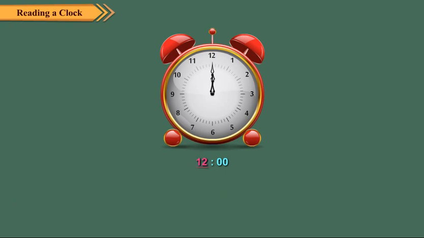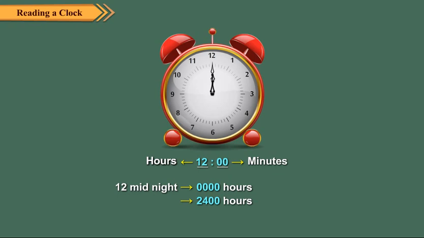The number formed by the first 2 digits from the left gives the hours, and the number formed by the next 2 digits gives the minutes. So 12 midnight is written as 00 hours or 2400 hours. 12 noon is written as 1200 hours. The dial of a 24-hour clock is shown here.